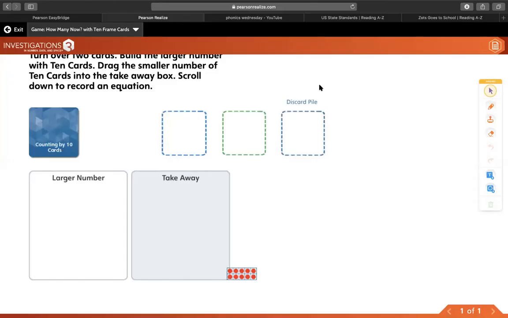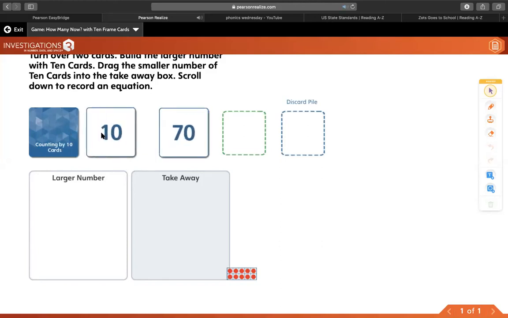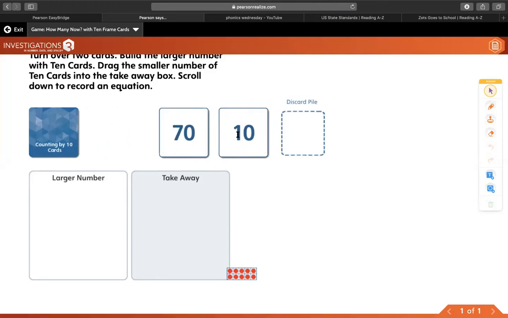All right, so now let's look at some 10 frames. We're going to do the same thing we did with the cubes, but this time we're using 10 frames. So here's my first card, 70, and I'm taking away 10. We know that each of these 10 frames equals 10.